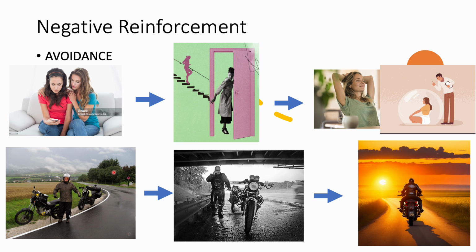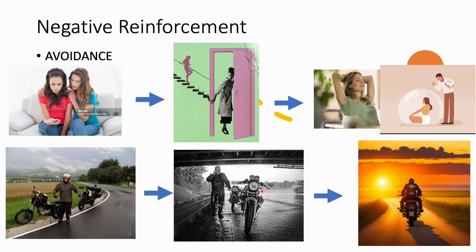Another example of this is, let's say that you are a bike rider and that you see clouds in the sky. The clouds in the sky are an SD that are going to tell you a worsening condition is coming or is approaching. And so as a biker, you might decide to drive to an overpass and stay under the bridge to avoid getting rained on.